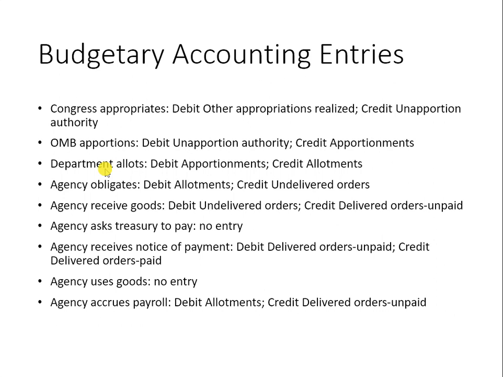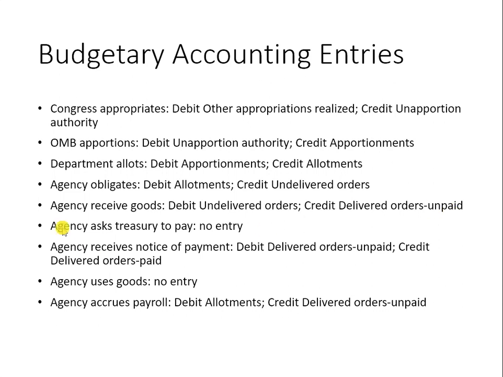When an agency obligates, it's going to debit allotments and credit undelivered orders. Undelivered orders means the obligations. When the agency receives goods, it's going to debit undelivered orders and credit delivered orders unpaid.